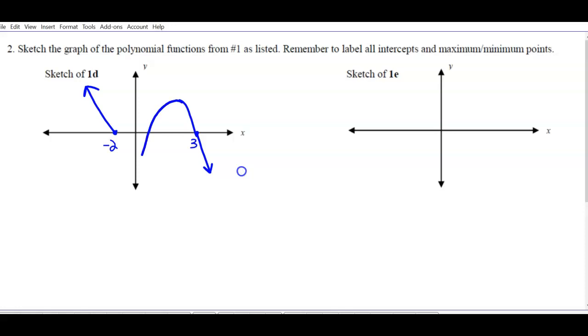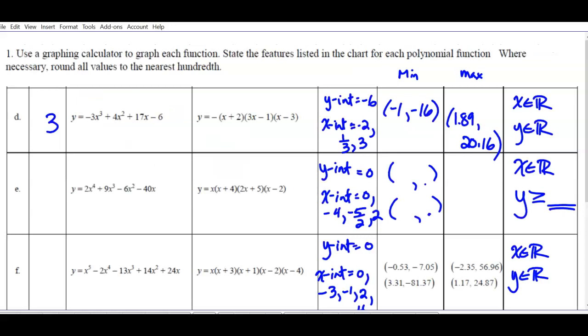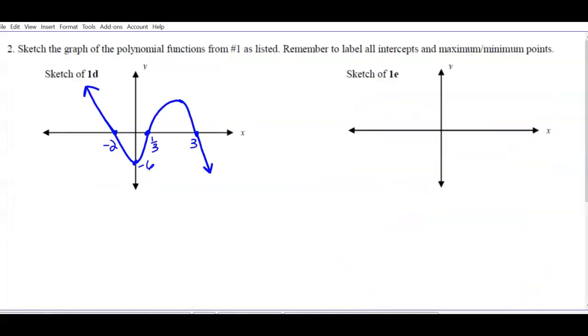So we go down like this, and then let me look at my minimum, because it kind of looks like I made the minimum on the y-axis. So the minimum is -1, -16. So I need to kind of go down more here. So I'm going to actually make this first.